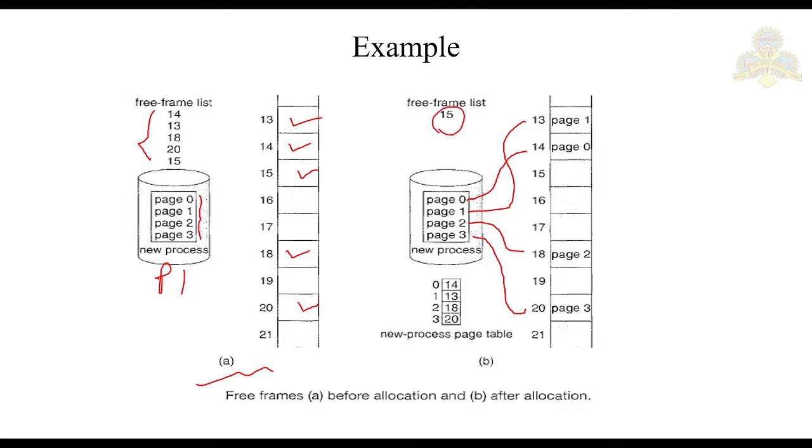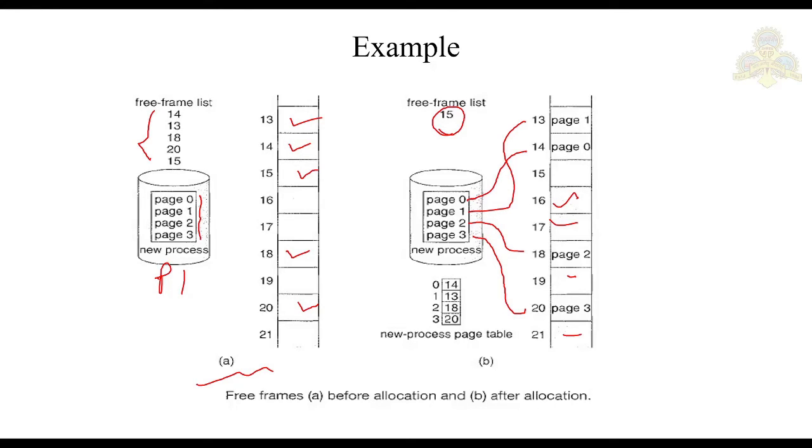So the only free one remaining is the 15th frame, and it might hold pages of any other process. You have to understand that in paging, as it is non-contiguous memory allocation, your process is divided into multiple pages and those pages can be loaded anywhere into the free frames present in your main memory. Getting it?